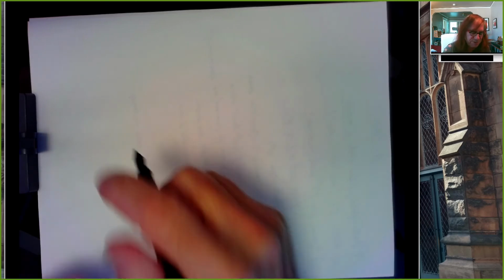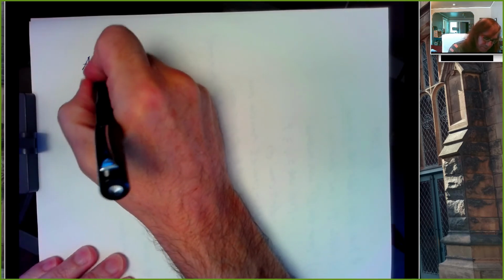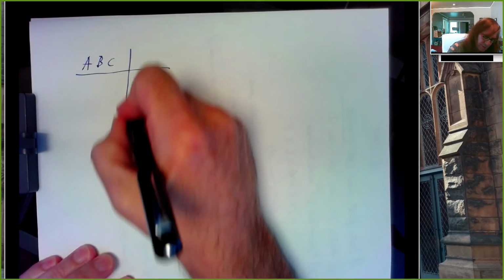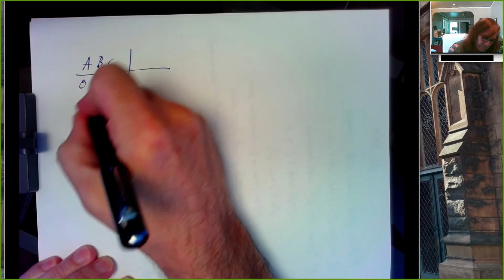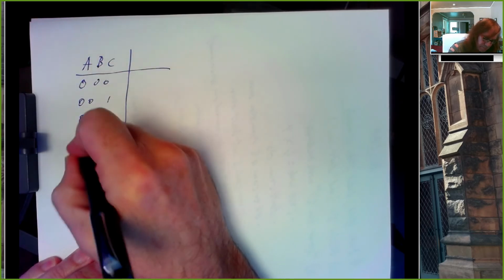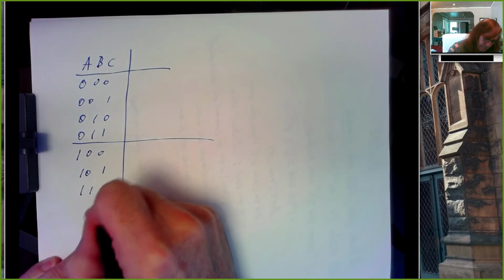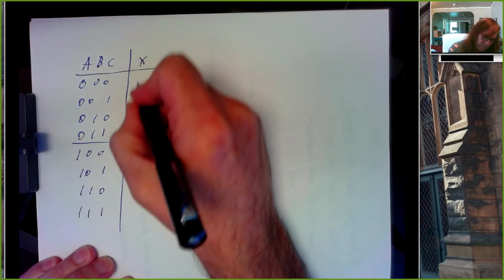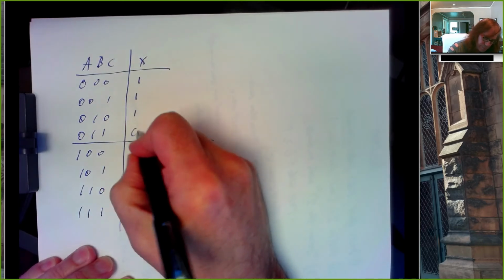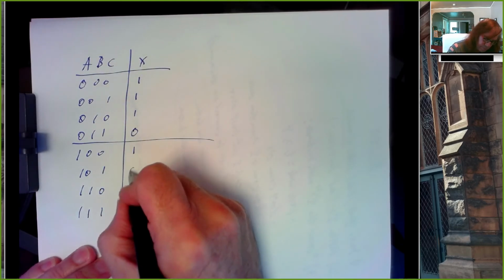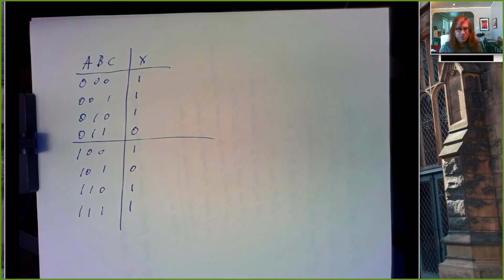And let's go back to a truth table. And let's suppose our truth table looks like this.